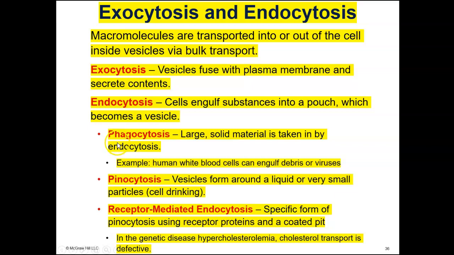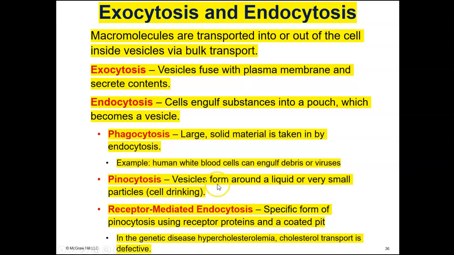When material moves into the cell through a vesicle, it's endocytosis. But if it's large and solid, then we call it phagocytosis. For example, when human white blood cells engulf viruses or debris or bacteria, we call that phagocytosis. Those white blood cells are called phagocytes. Big ones are called macrophages.